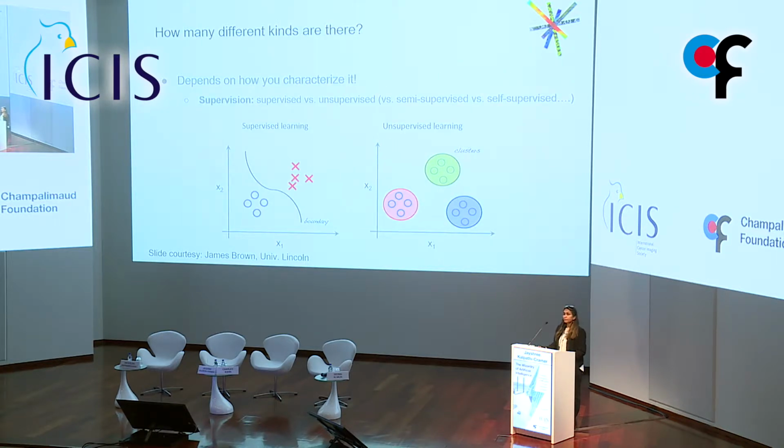So one of the questions is, what are the different kinds of these machine learning algorithms that one might think about? There are many different ways to characterize that. One way to think about it is supervised or unsupervised machine learning. In supervised machine learning, for instance, you have data with known truth.